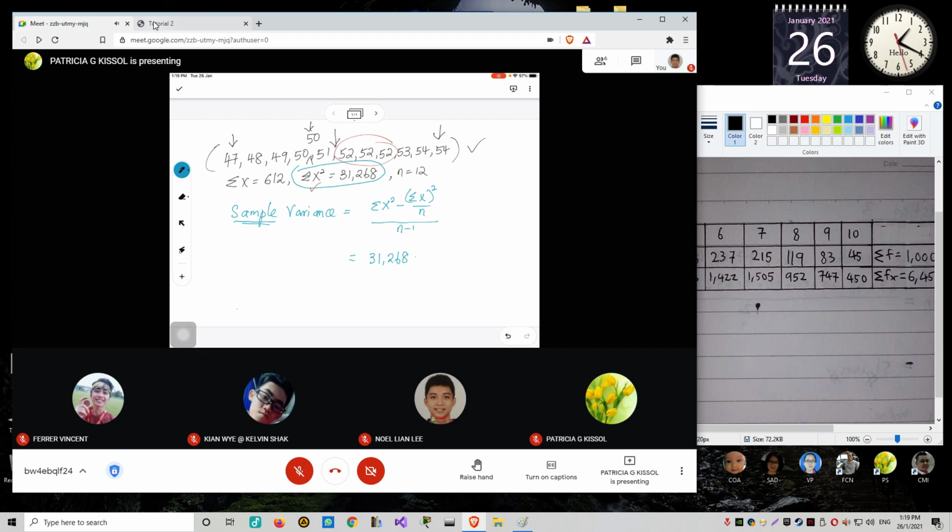And then minus summation of x, we already got it at 612, divided by n, and you know n is 12. Don't forget the 612, square it. Everything here must be divided by 11 because 12 minus 1. And Calvin, have you calculated this? What do you get?